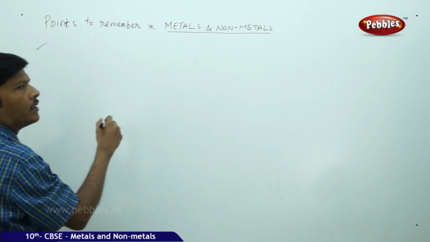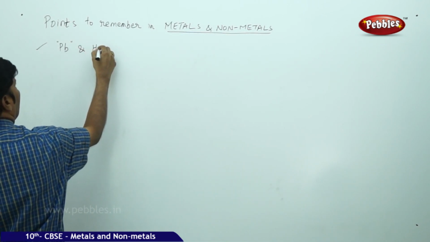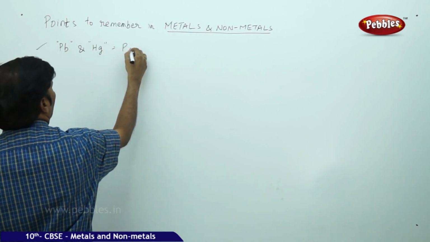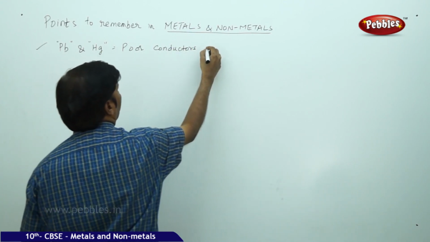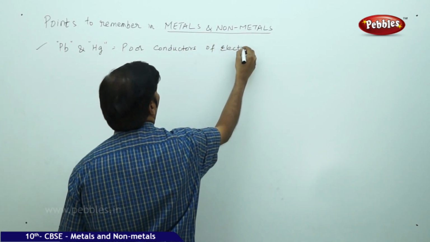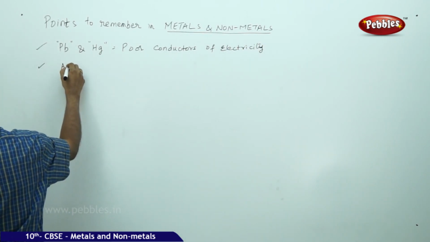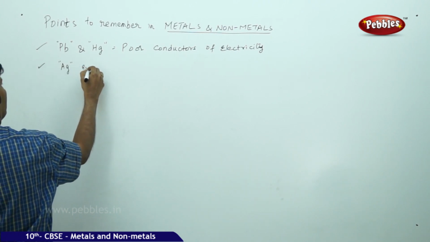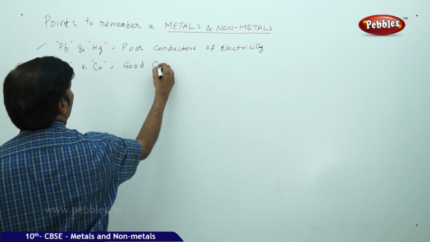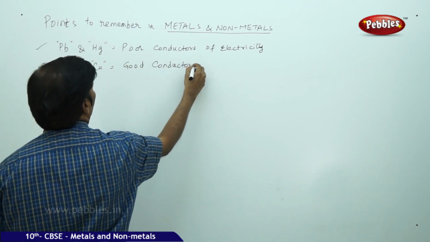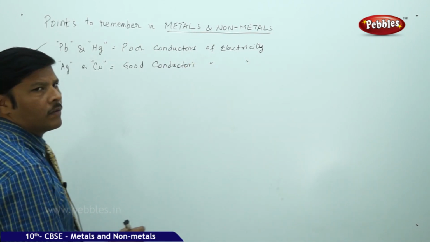Here, lead and mercury are poor conductors of electricity. Silver and copper are good conductors of electricity.